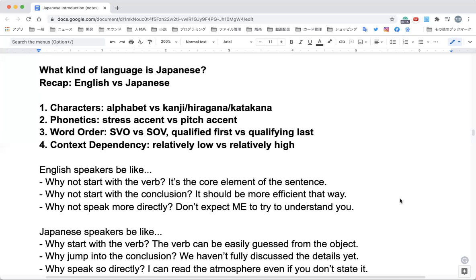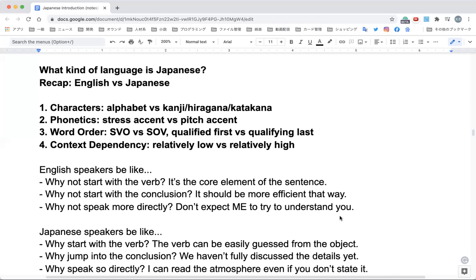As for context dependency, English is relatively low, which means it's less dependent on the context. In Japanese, it's higher. And as you go through the process of studying the language, I think many of you have this kind of feeling. When you're studying Japanese and trying to speak Japanese, you might feel, why not start with the verb?